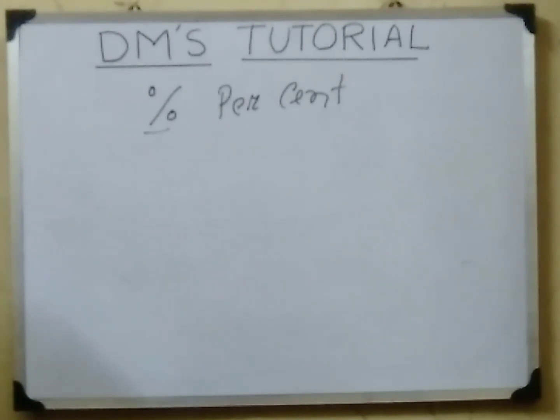If you have any questions regarding this matter, please let me know through the comment box, and look at the video all through the class carefully, and try to understand all the words I have said. I am taking a last example here for your better understanding. Look at the process. I am solving it.